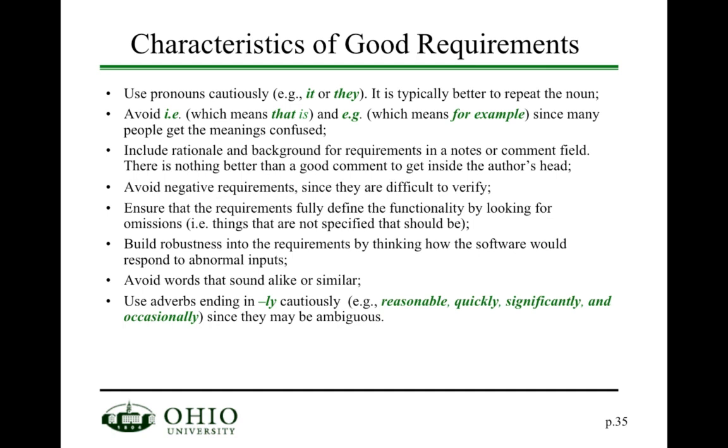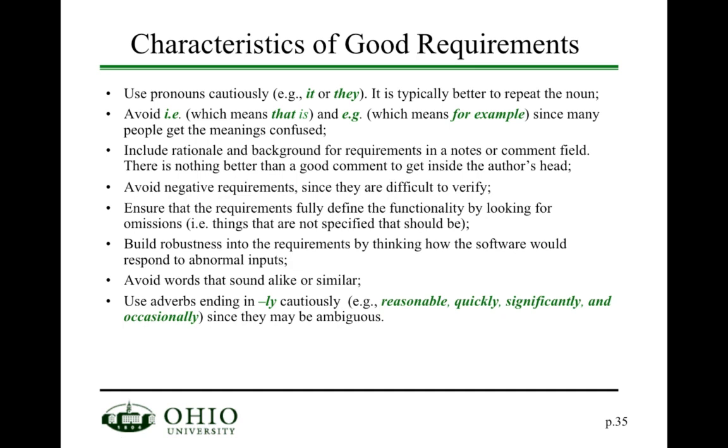So avoid words that sound alike or similar, and if you use words ending in ly, like reasonably, quickly, significantly, occasionally, they typically are a little ambiguous, so you may want to avoid those as well. And of course, one thing I forgot is to ensure that the requirements fully define the functionality.